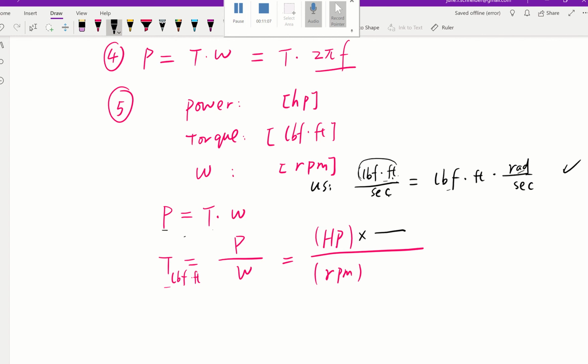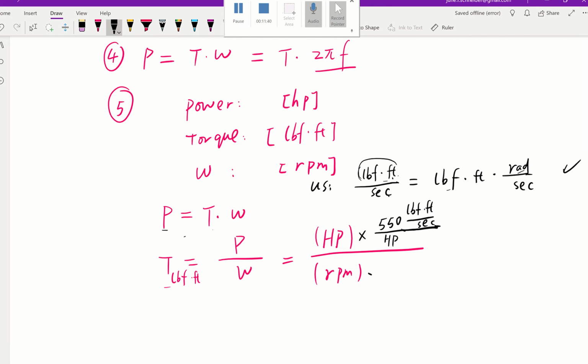So in order to do that, what we're going to try to do here is use horsepower instead of pound-foot per second, okay? So we're going to look at the conversion. 1 horsepower is 550 pound-foot per second. This is an easy number to remember. So we change the horsepower to pound-foot per second, our standard unit.